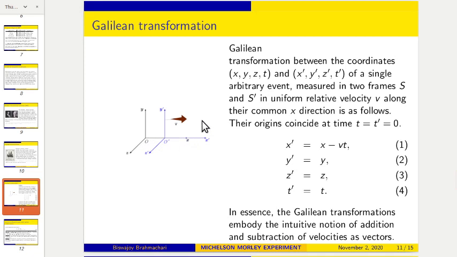And then there is an event happening at x, y, z, t in the unprimed frame.